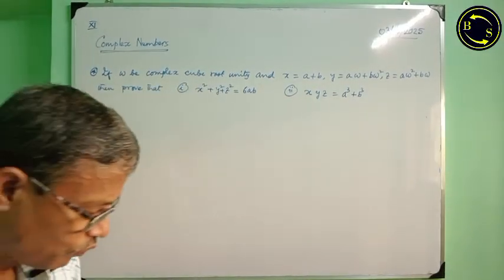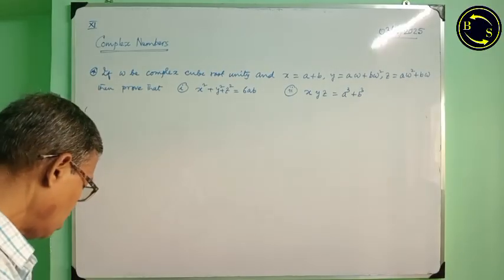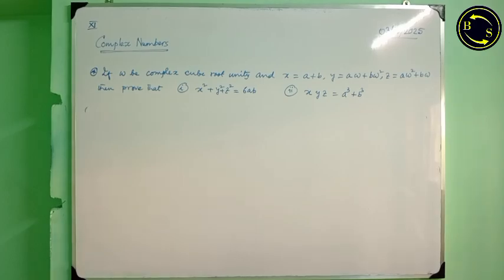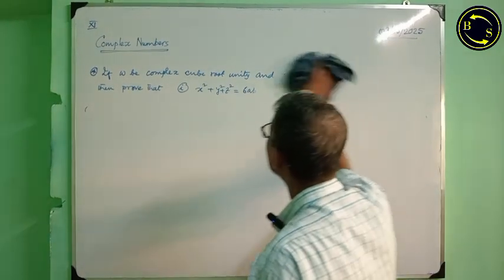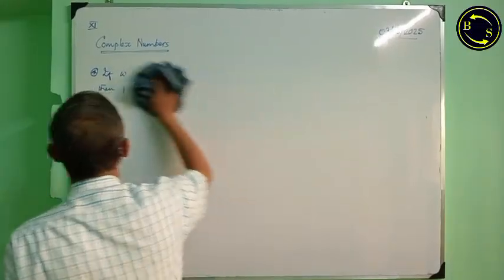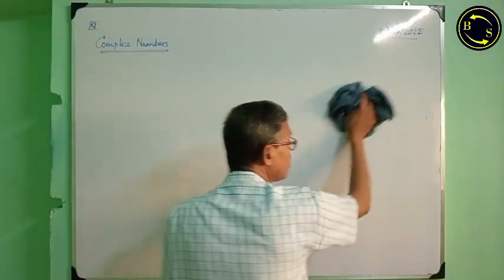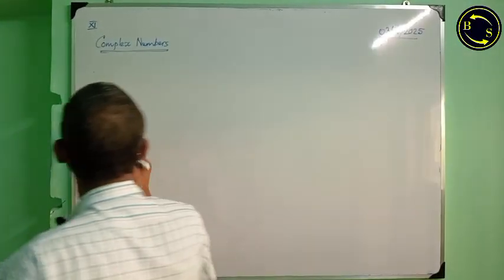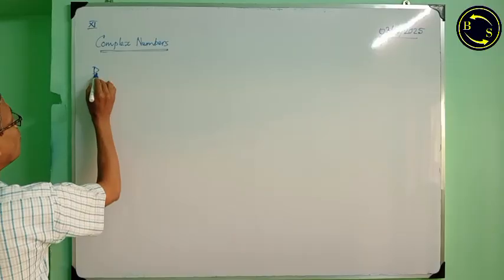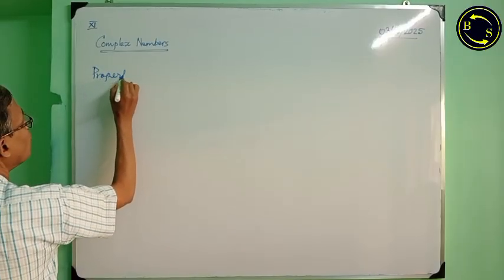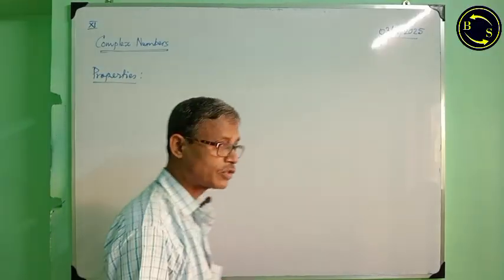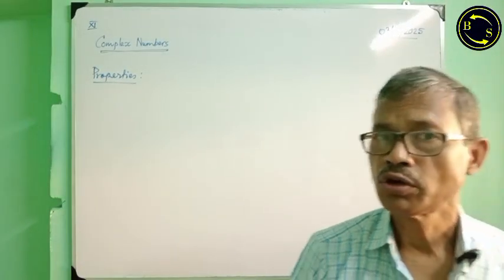Now I am going to discuss properties related to modulus, amplitude and complex conjugate of given complex number or numbers. First of all, properties related to modulus and amplitude.